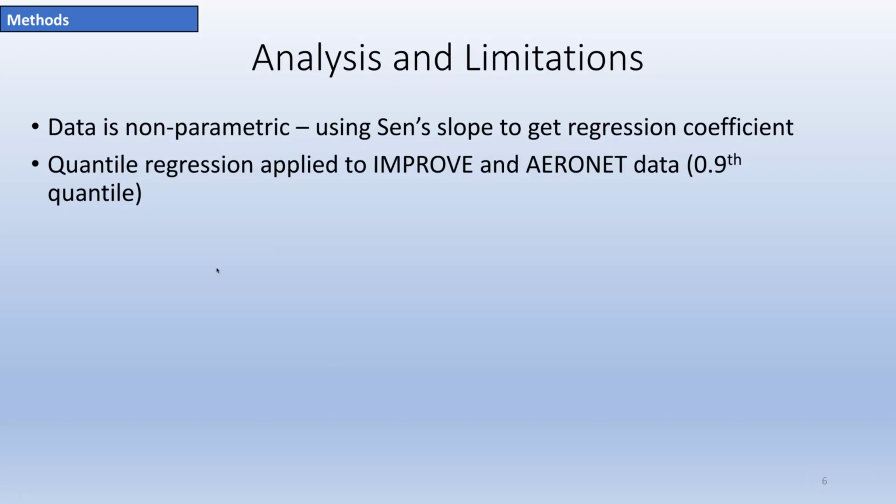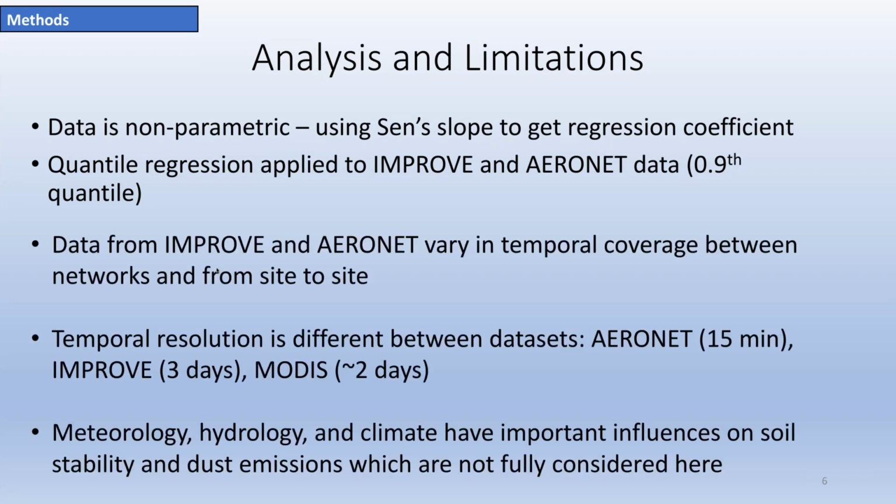And so because environmental data is typically non-parametric, I applied the Sen slope to get the regression coefficient, as well as using quantile regression applied to the IMPROVE and AERONET data at the 0.9th quantile to look at high impact events, as McClure and Jaffe did in their paper. Of course, this comes with limitations, which is that the IMPROVE and AERONET sites vary in temporal coverage between the networks and also between the sites.